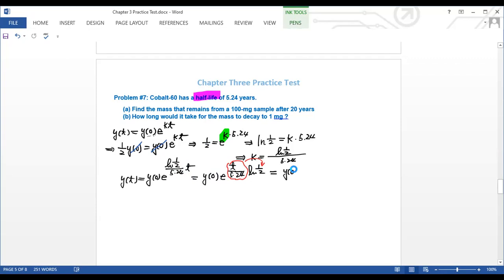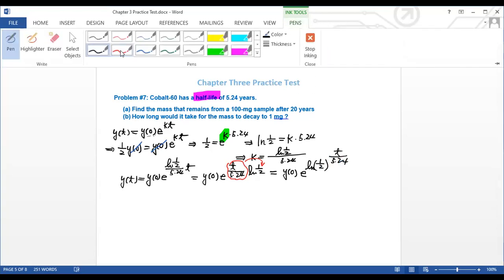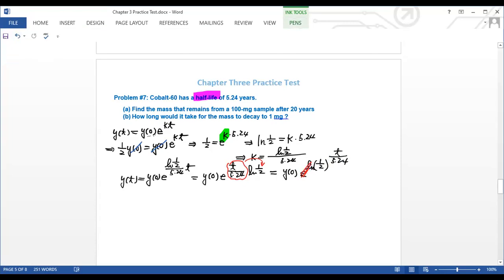So this is y0 times e to the natural log of 1/2 to the power t over 5.24. Now the natural log and e are inverse functions, so I can cancel that out. Here we have y0 times 1/2 to the power t over 5.24.